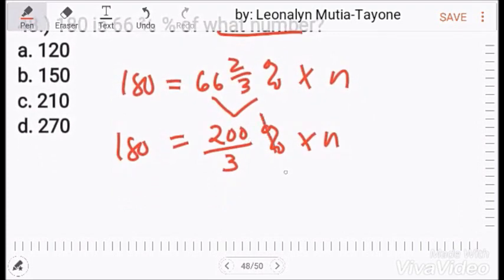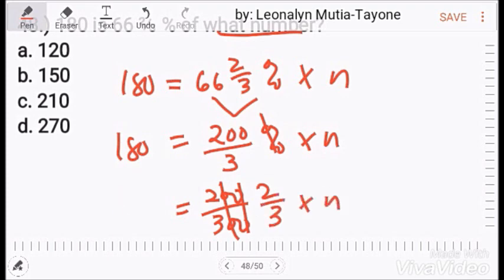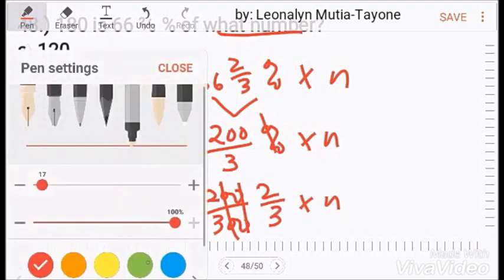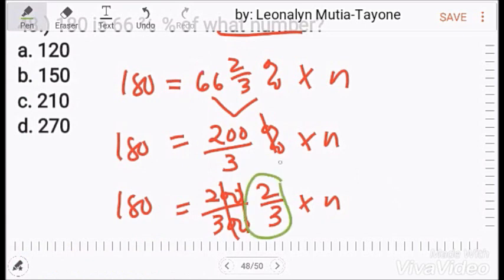Kung kunin natin itong 100, yung itong percent, so maging 200 over 300 siya, or simply as 2/3 times n. Kung nalito kayo bakit naging 2/3 from this one, kasi itong 66 and 2/3 ay equivalent siya ng 200 over 3%.